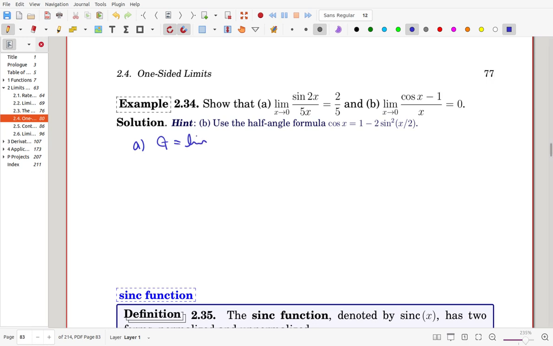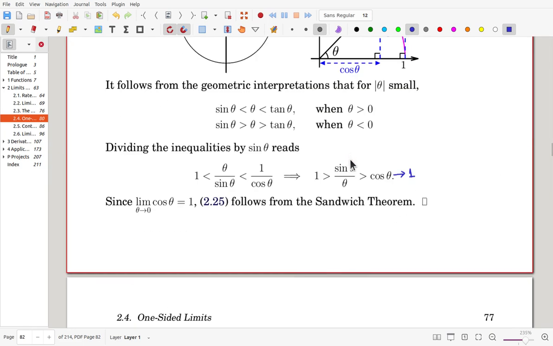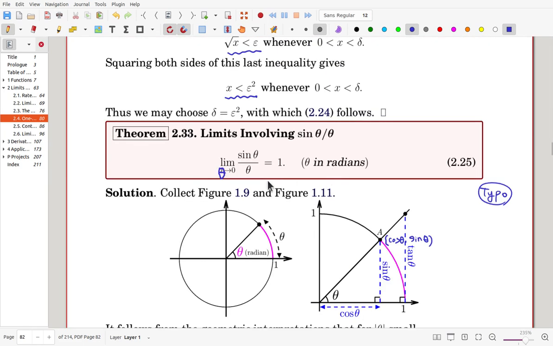The given term is the same limit as x approaches 0. Now, the top is sine 2x. Okay, now we have to put the same variable, so that 2x, so that we can use the theorem. In this theorem, that's theta and that's theta, so this term and that term must be the same, and theta approaches 0.